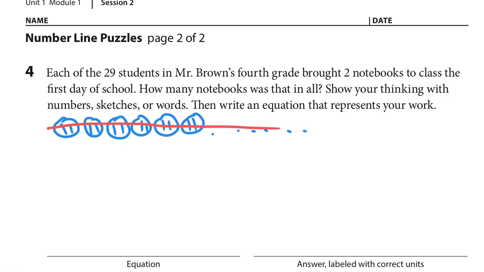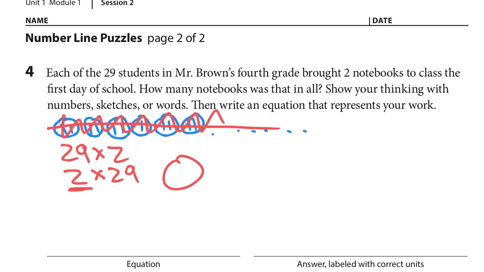But in the previous question, we said that 29 times 2 is the same as 2 times 29. So rather than doing 29 circles, what if you did 2 circles that each have 29 in them?